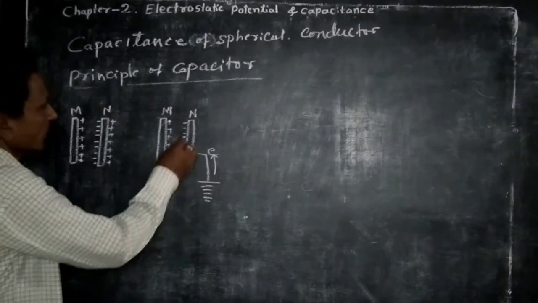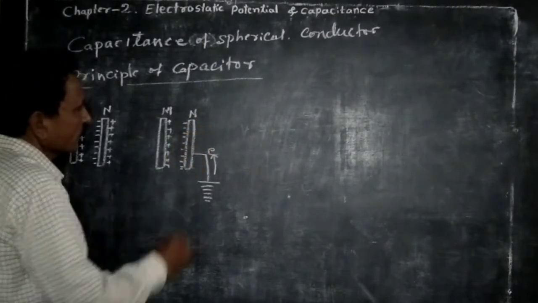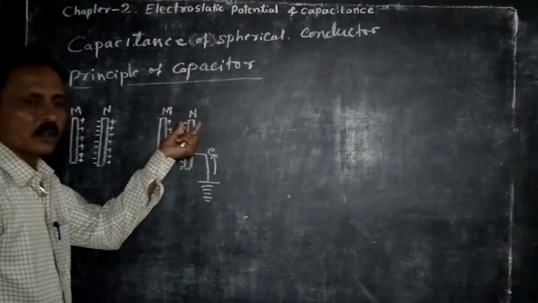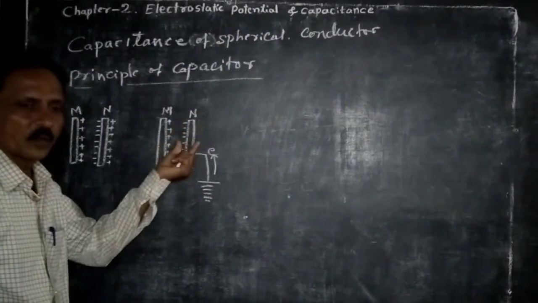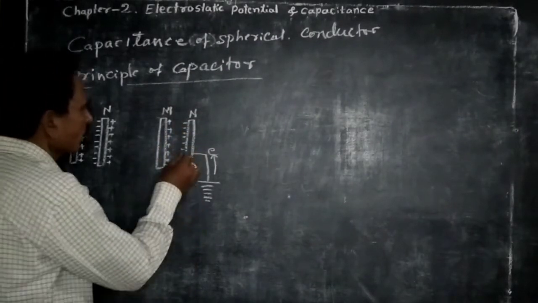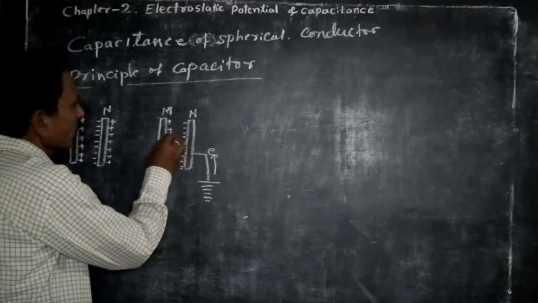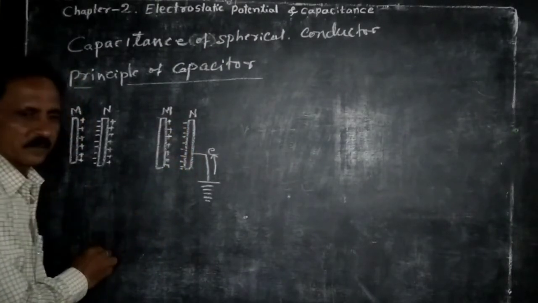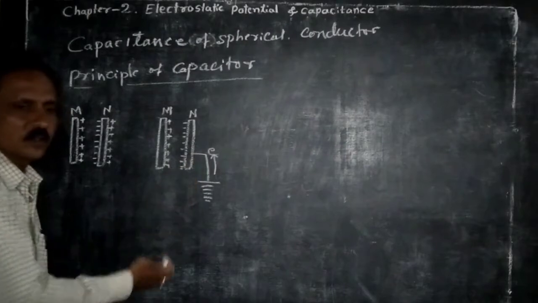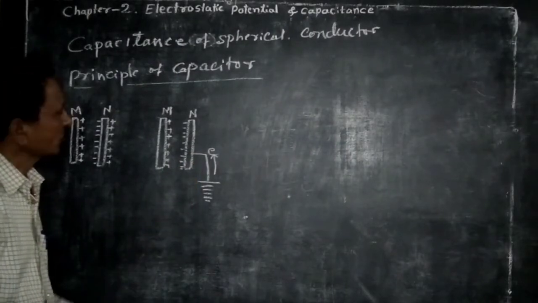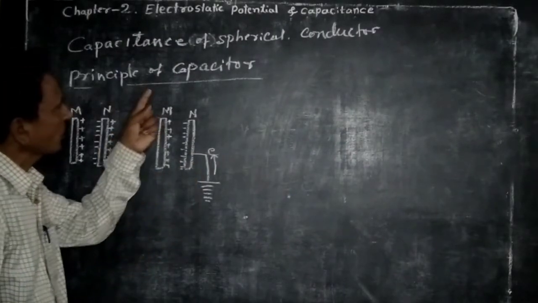Therefore, now the plate N consists of only negative charges, and it decreases the potential of M further and increases its capacitance. This is the principle of capacitor.